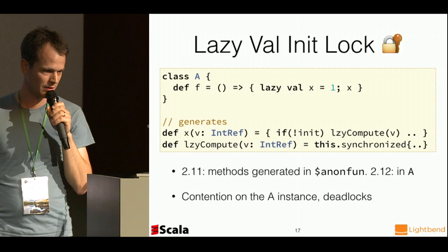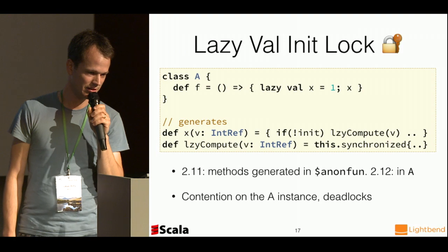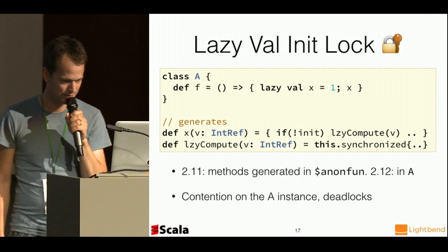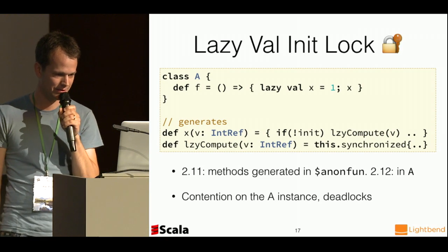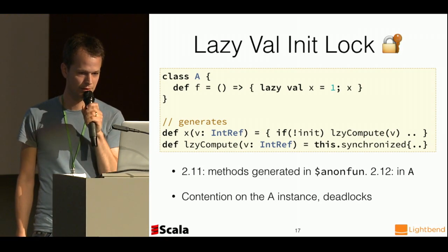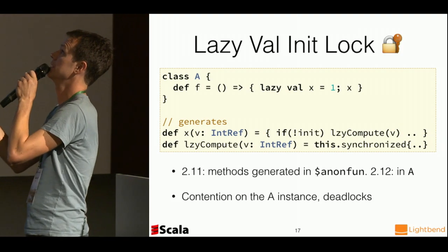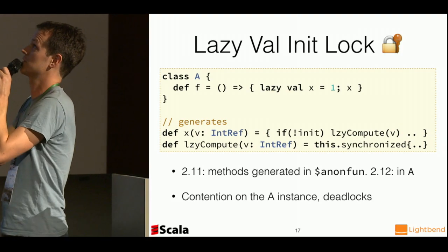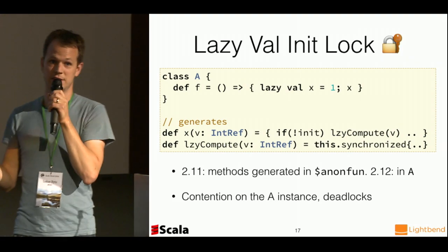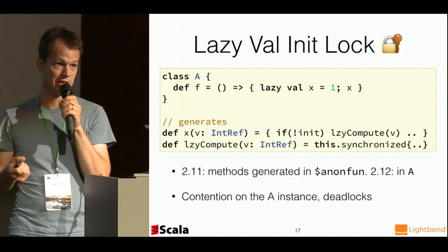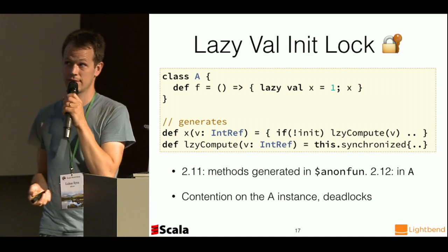All right. Yet another problem of a similar kind: lazy vals. A lazy val is guaranteed to be initialized exactly once. This expression doesn't have a side effect, but assume there's an expression with a side effect, we guarantee that the lazy val is initialized only once under concurrent access.